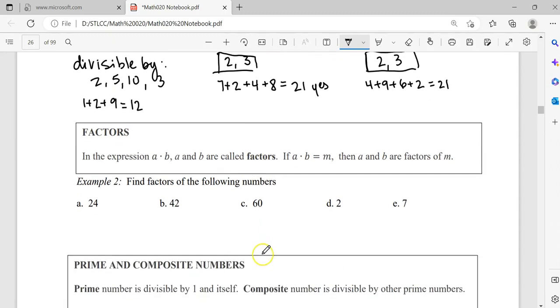Let me give you an example. 6 times 7, let's just try to remember, equals 42, then 6 and 7 are factors of 42.